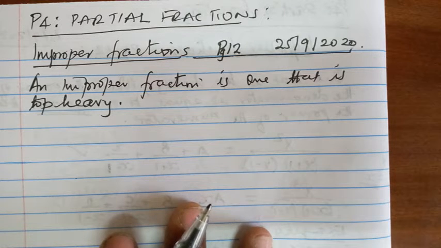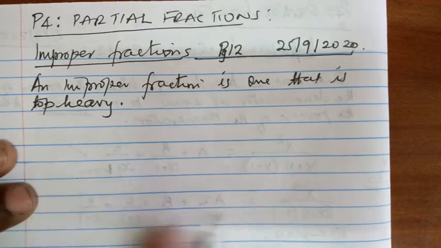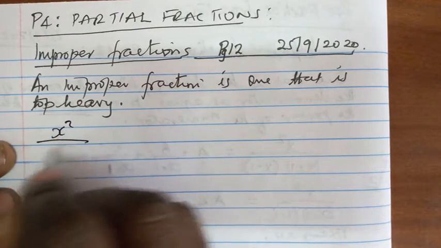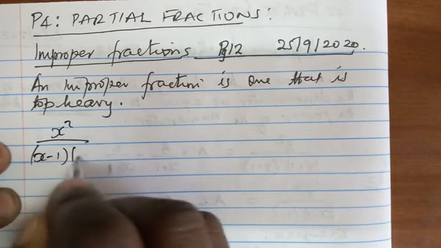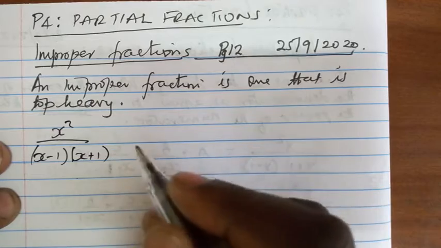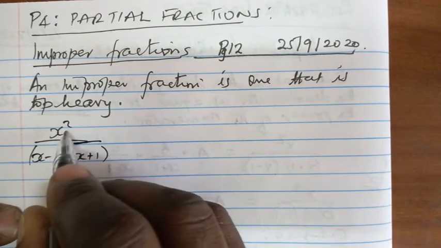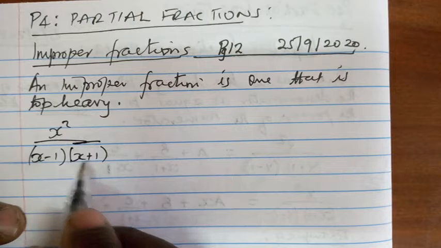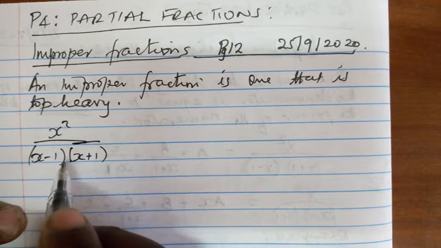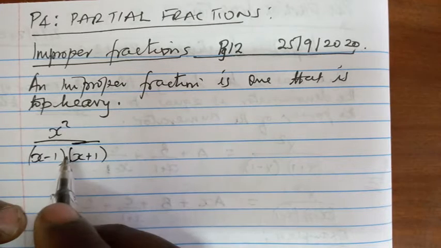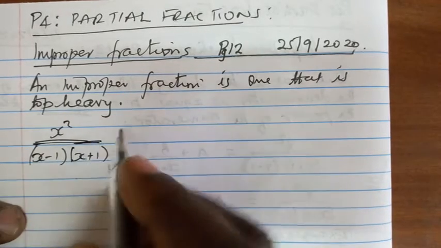For example, if you have x squared over (x minus 1)(x plus 1), you can see that the top is quadratic, the power is 2, and the bottom is quadratic too.